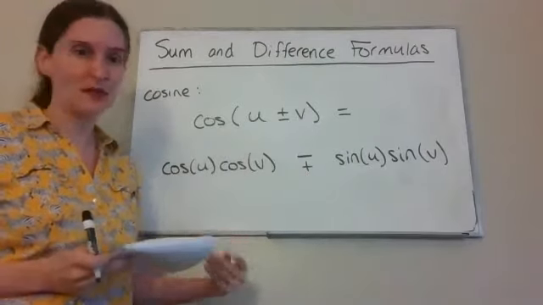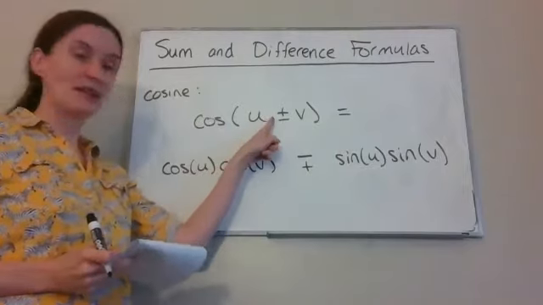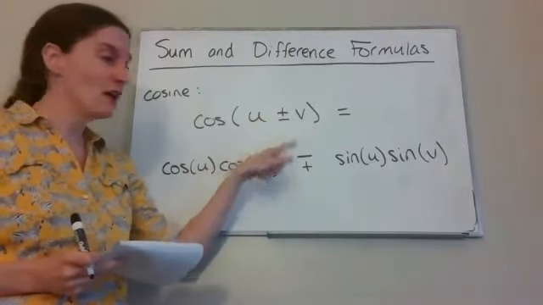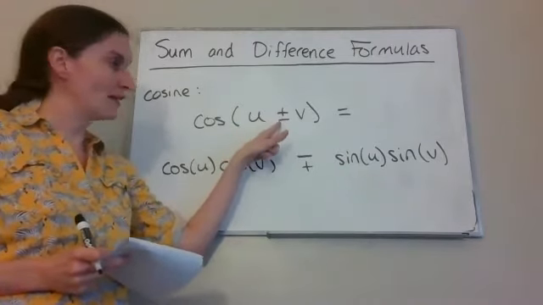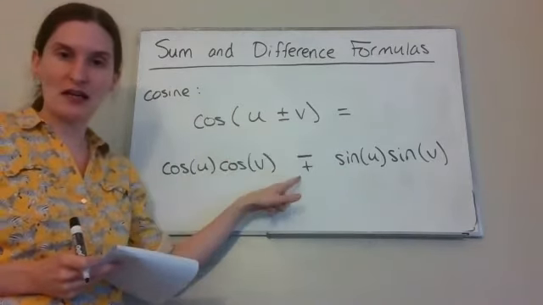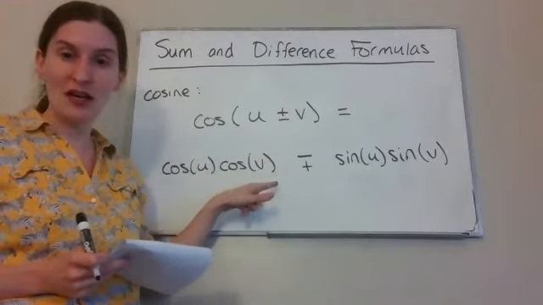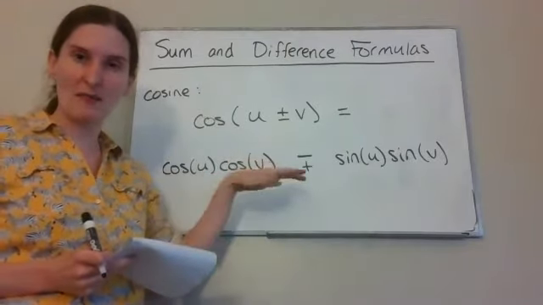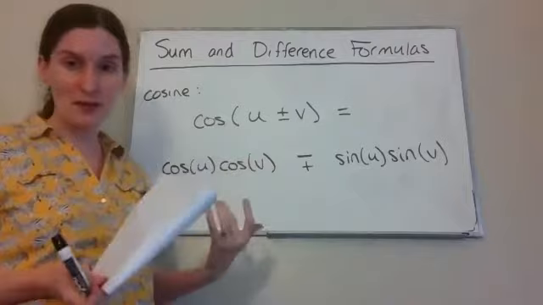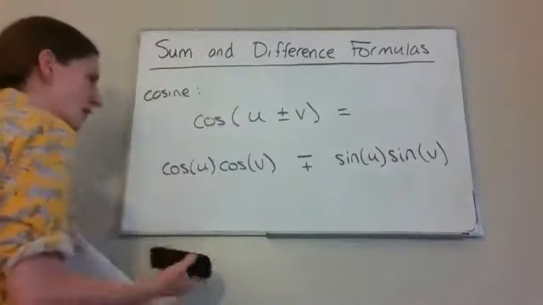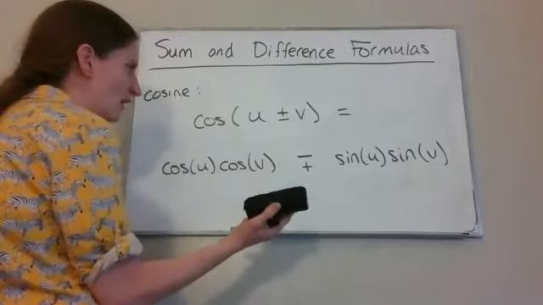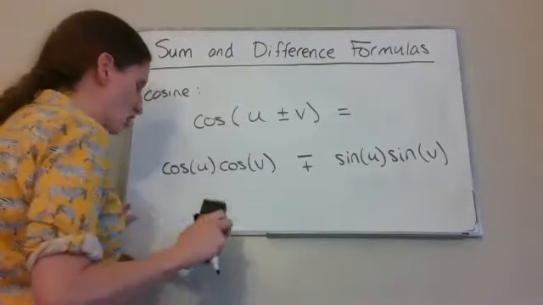That is on purpose. If I have a plus inside the parentheses originally, I'm going to need a minus in my formula. If I have a minus inside the parentheses originally, I need a plus in this formula. So it changes the order, which is why I wrote it as a minus plus instead of a plus or minus. That's probably what makes this one a little more complicated, is remembering that the sign has to change in the middle.